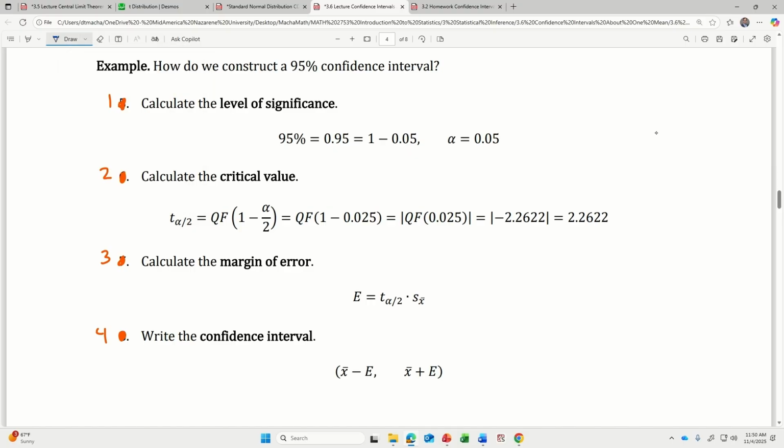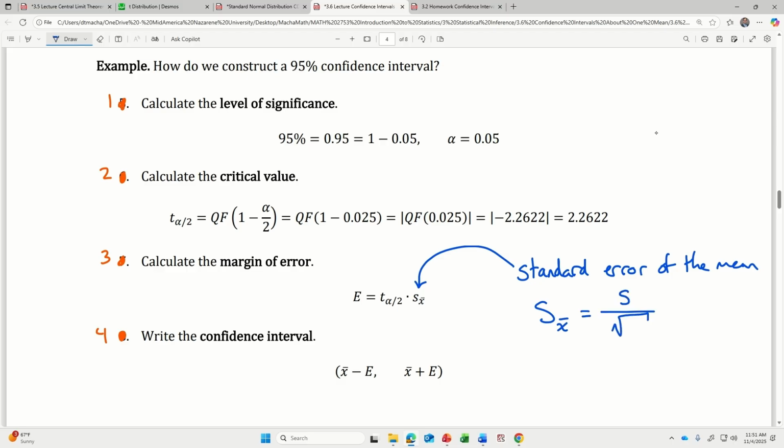The only difference here is this. This is not the sample standard deviation. This is the standard error of the mean, which is the sample standard deviation divided by the square root of n.